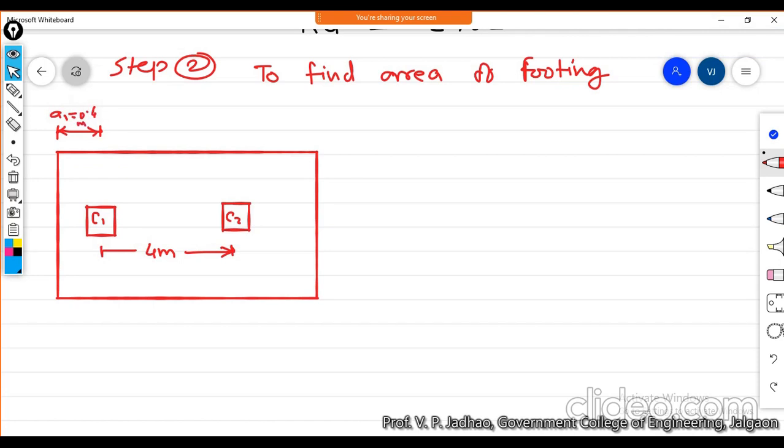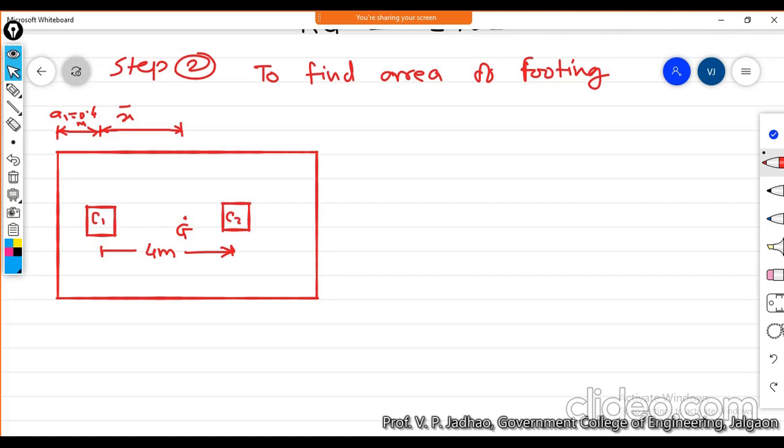Okay, let us assume that the center of gravity of the load acting on C1 and C2 is G. Okay, this is G, the CG of load acting on C1 and C2. Let us consider this particular distance is x bar.